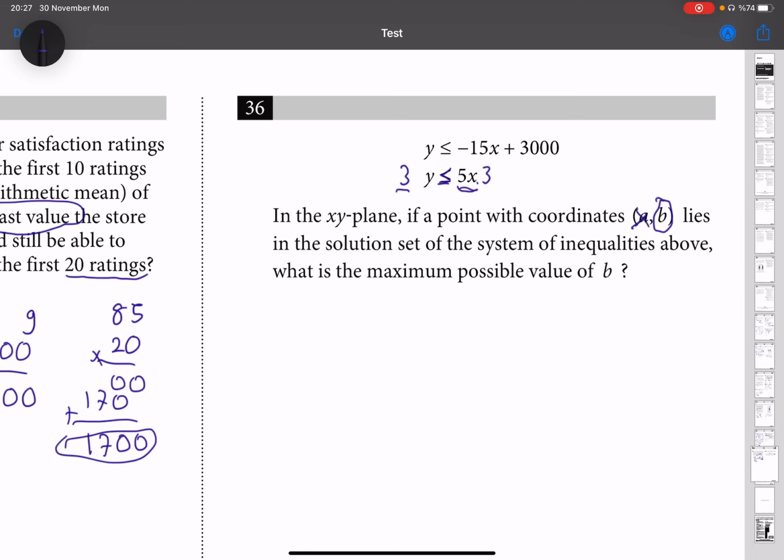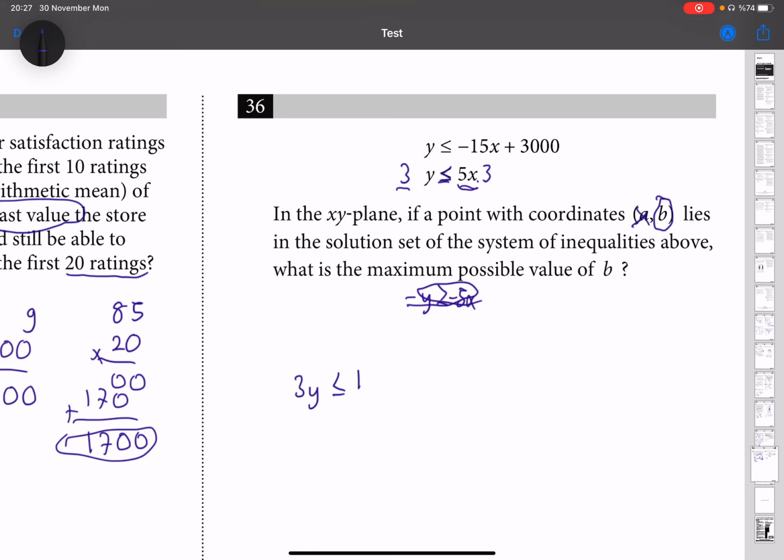But you should know that if I multiply by a negative value, it would change, but I did not multiply by a negative value, so write it. 3y is less than or equal to 15x. The other one was y is less than or equal to minus 15x plus 3000.